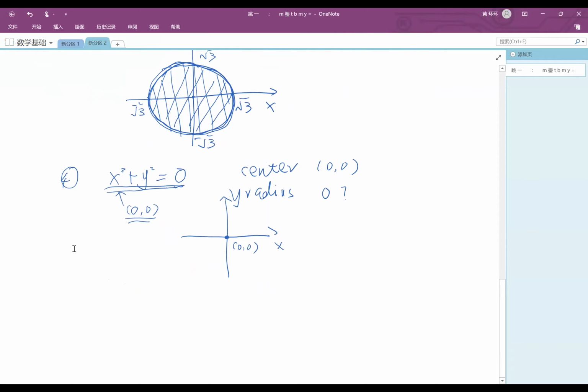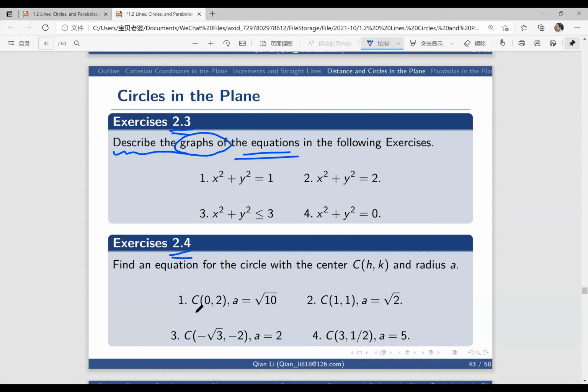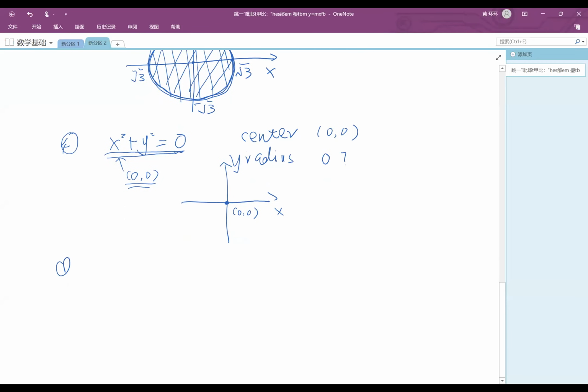And the first one: the center C is (0, 2), and the radius a is equal to the square root of 10.